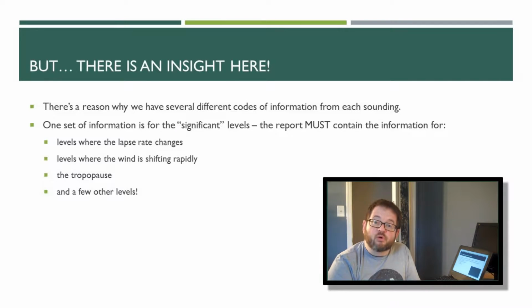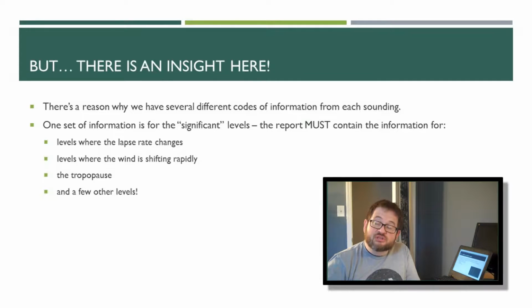So the balloon will report, the station will report, okay, at this pressure level we encountered this temperature, this pressure, something significant happened there. Same with a level where the winds are shifting speed or direction rapidly. Or when we pass through the tropopause, the balloon must report back when it went through the tropopause. And there's a few other rules that make the significant levels.